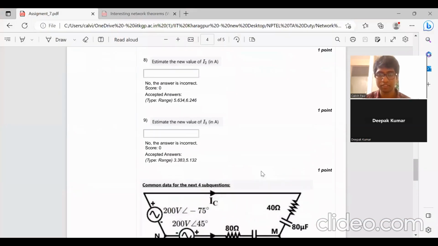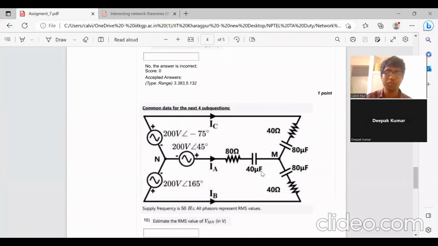Now we will consider this diagram. These are phasors. You know what phasors are, right?